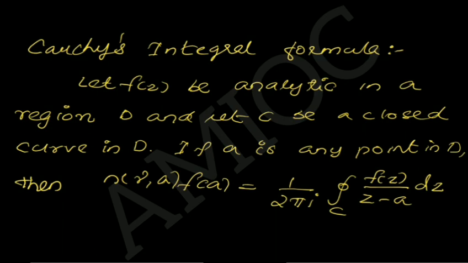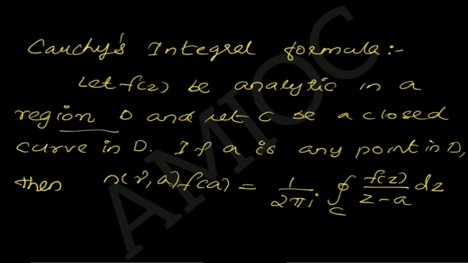Cauchy's integral formula is given by: let f of z be analytic in a region D, and let C be a closed curve in D. If a is any point in D, then n(gamma, a) f of a equal to 1 by 2 pi I integral over C f of z divided by z minus a dz.